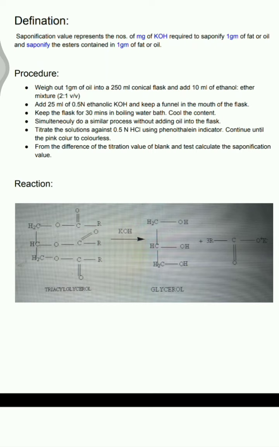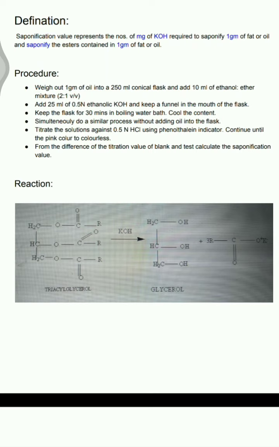When an excess amount of KOH is there and we add phenolphthalein as an indicator, it forms a pink colored solution, as phenolphthalein in base forms a pink color. Correspondingly, we will do the similar thing with a blank without adding oil.